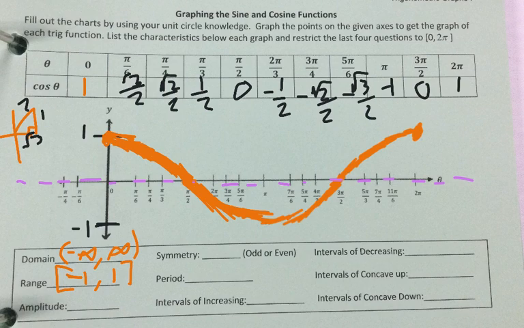So the amplitude is really the distance from the midline to the highest point, or from the midline to the lowest point. Here the amplitude of cosine is 1. Another point of reference, amplitude can never be negative. Amplitude is always positive.